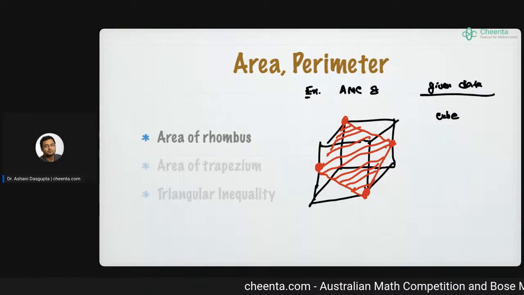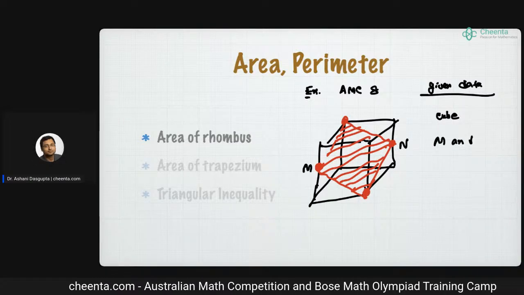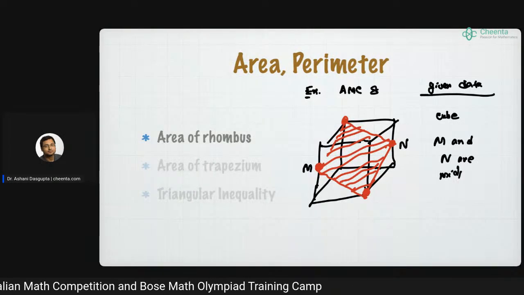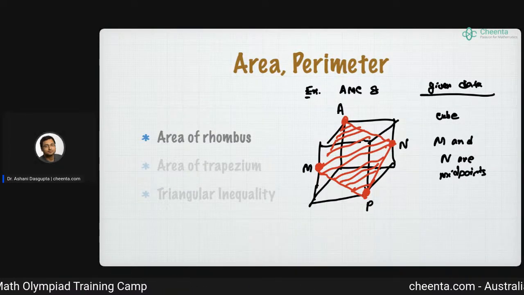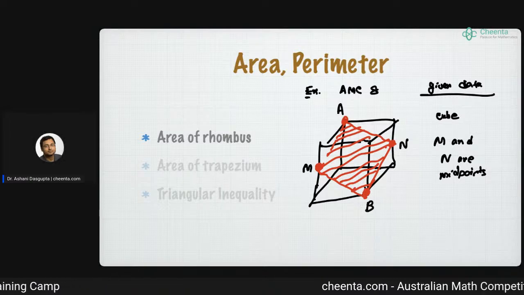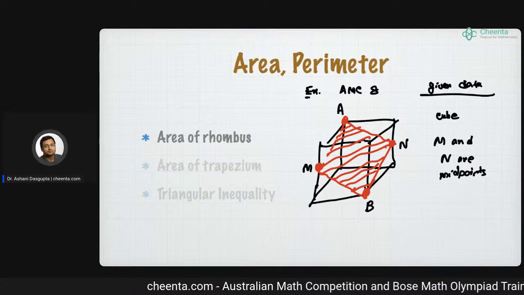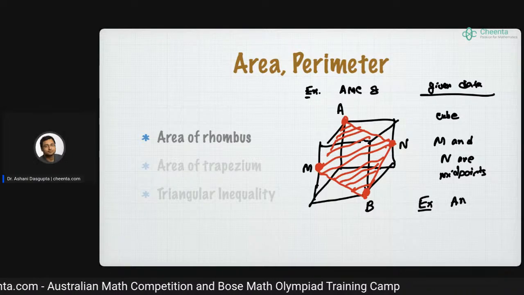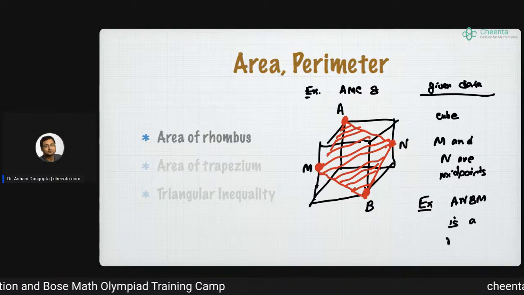M and N are midpoints, and A and B are the endpoints of the diagonal of the cube. So for starters, you can try to show that ANBM is a rhombus.